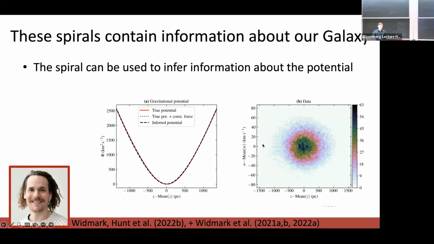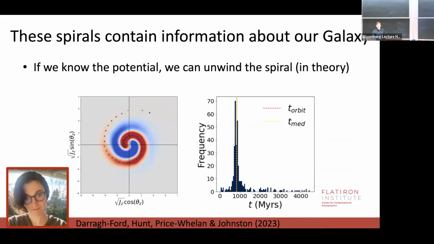I encourage you to look at its papers if you're interested, but this is an illustration of the paper where he tested on the simulation I just showed you. And even from this almost not-a-spiral that you can perhaps just about see on the right, he effectively gets the correctly recovered vertical potential in a local area. And then if you know the potential, you can theoretically unwind the spiral and get information about the originating perturbation, such as how long ago it was.